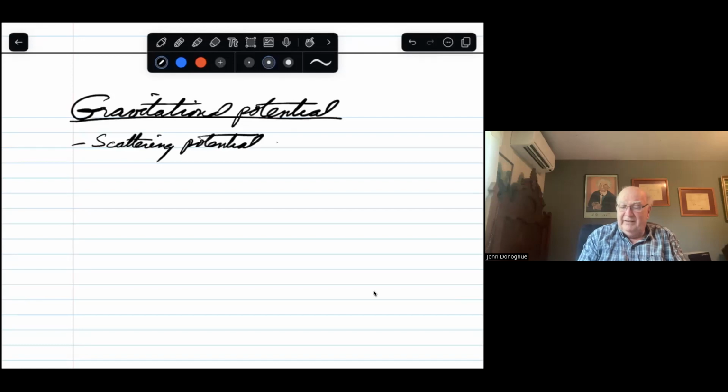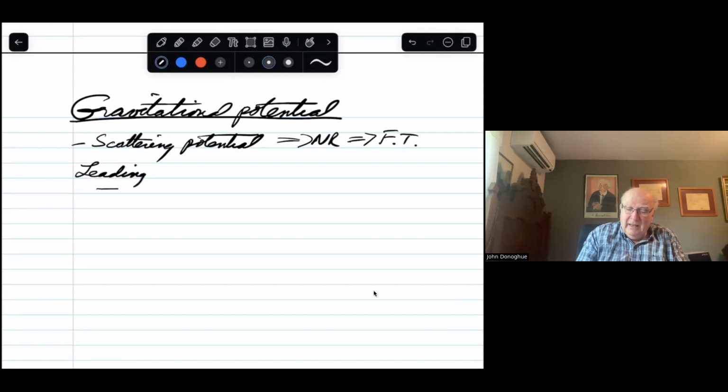Which is gotten by taking the non-relativistic limit of a scattering amplitude, and then just to display things we Fourier transform it. Okay. So at leading order, we saw this way back in lecture 1. You just do graviton exchange. You take that propagator, you take the Feynman rules. In the non-relativistic limit, this goes to things like kappa squared m over q squared.